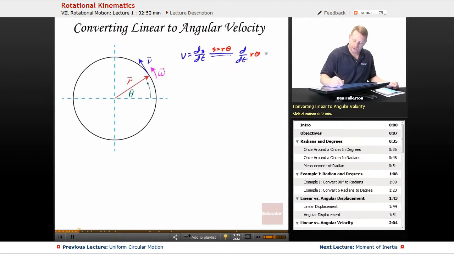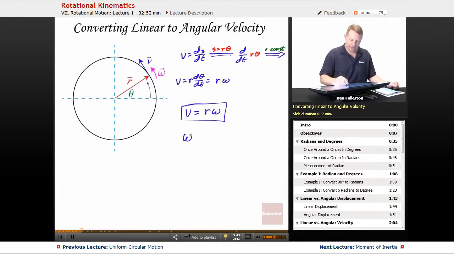But r is a constant. Our radius isn't changing. So we could write this as v equals r d theta dt, which is r omega. So v equals r omega. Or if we want omega, omega equals v over r.